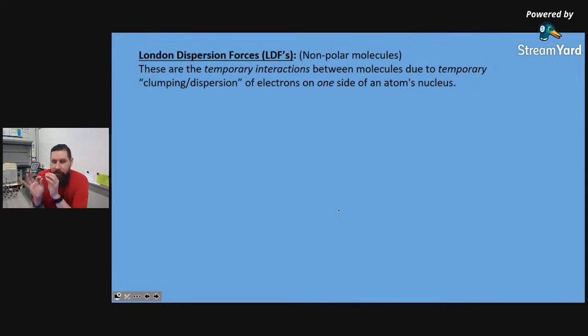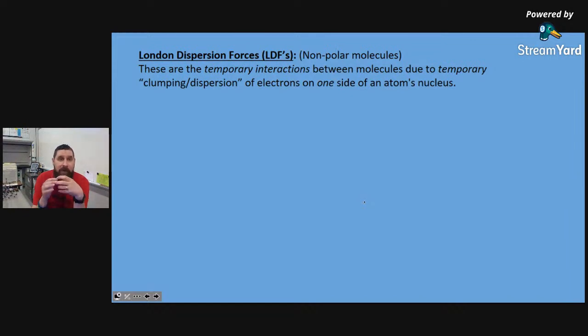They last for a fraction of a fraction of a fraction of a second. Okay? But the reason why they exist is because as those electrons within a molecule are moving around, they're free to move, just by happenstance, at some point, all the electrons kind of crowd to one side.